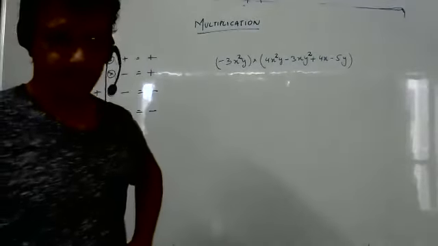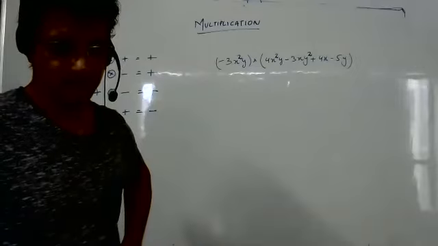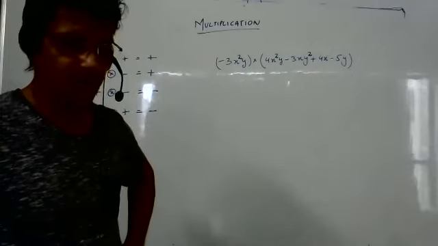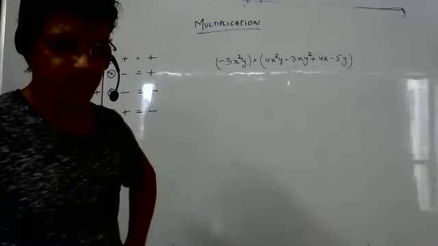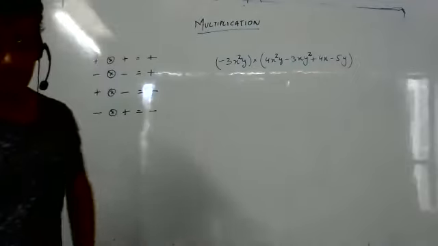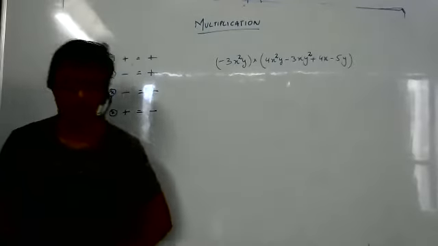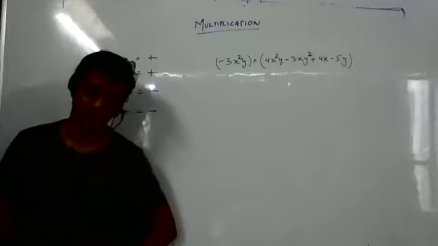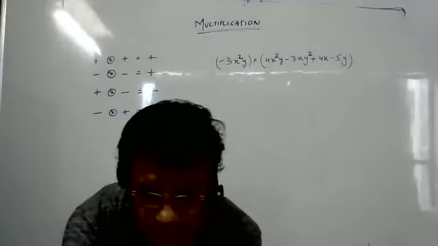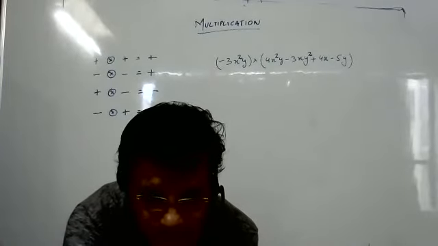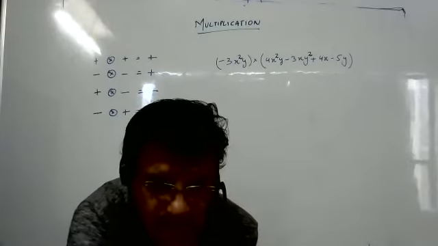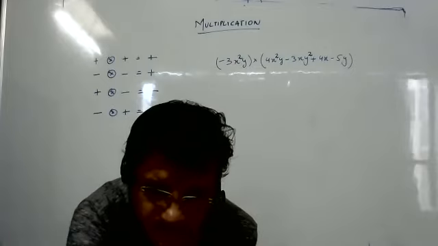Sir, what is it after 3ay square? Minus 3x square y multiplied by 4x square y minus 3xy square plus 3 plus 4x minus 5y. After doing it, please raise your hand. Those who will not raise hand, I will call them.